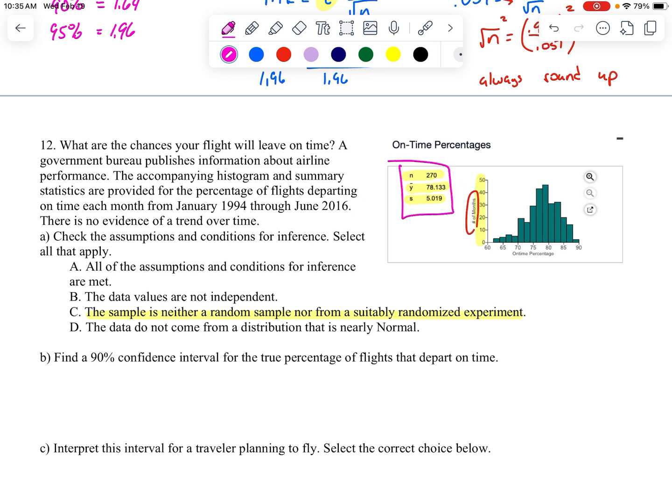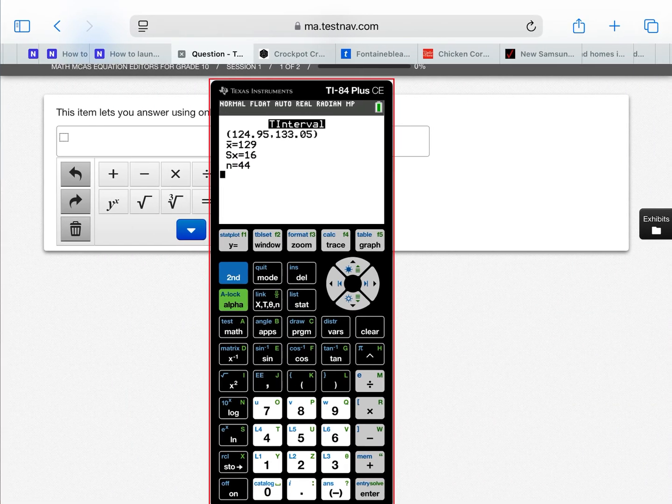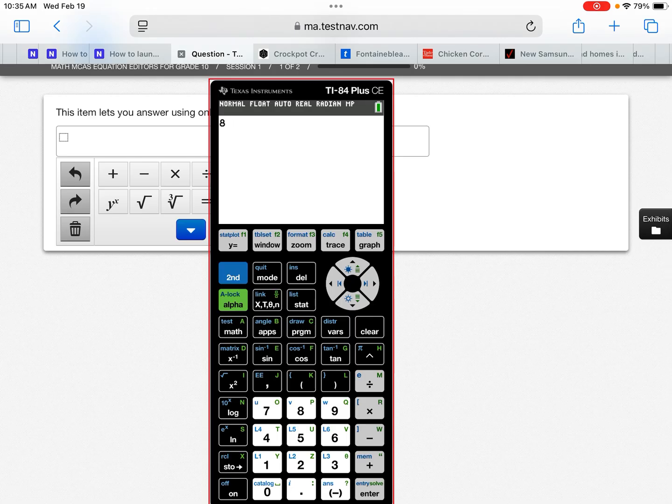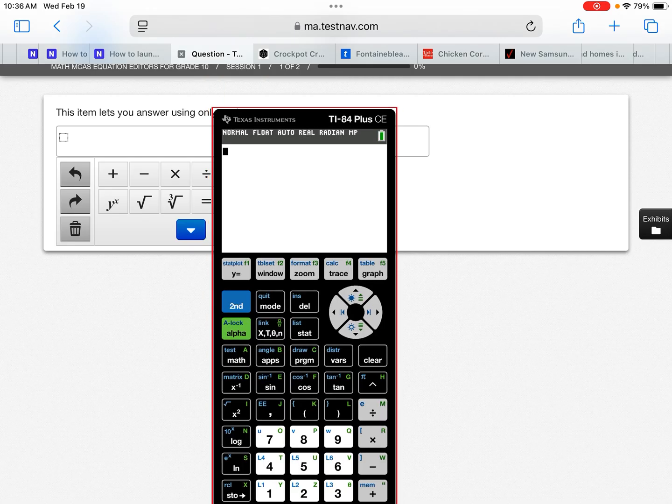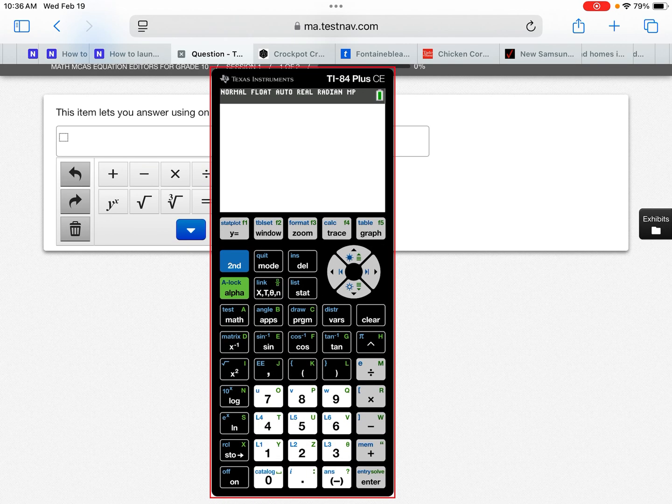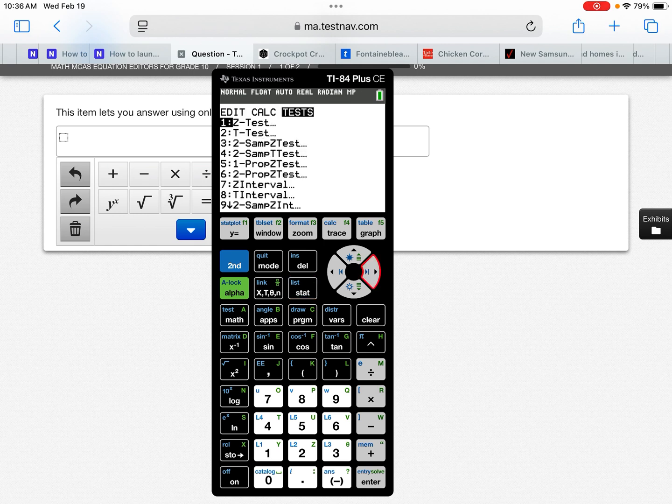We are going to be 90% confident on this, so find that 90% confidence interval. When we slide over to my calculator, we're going to go Stat, then Tests, and go down to the t interval.